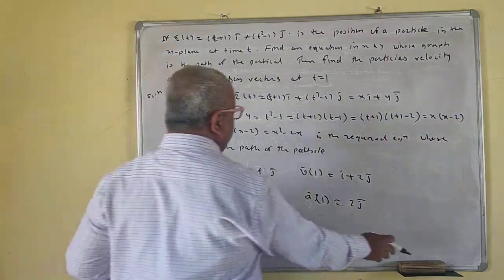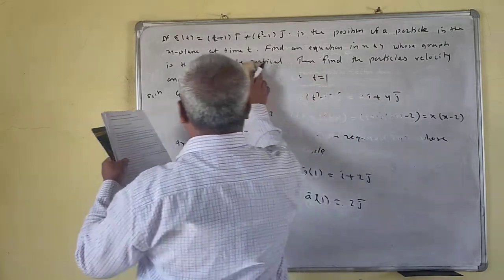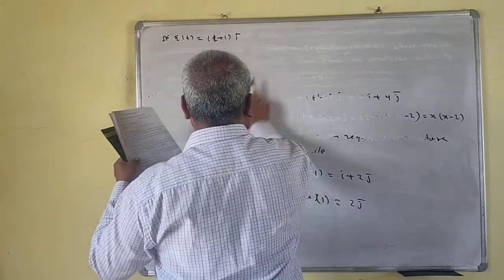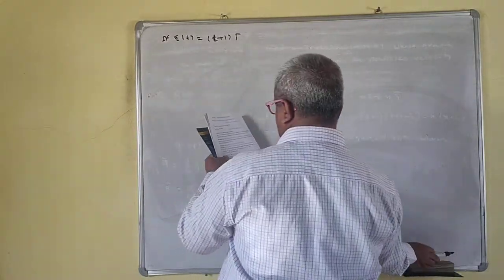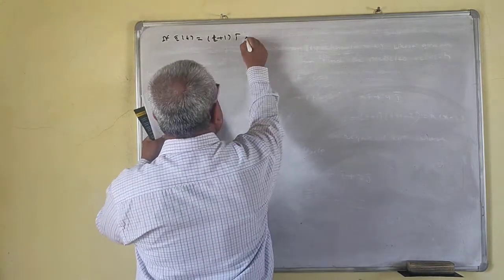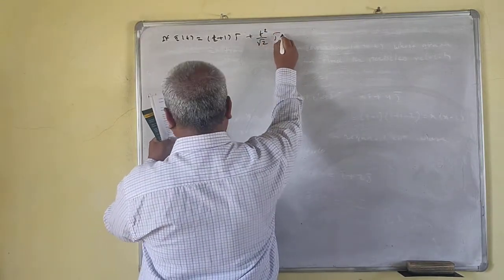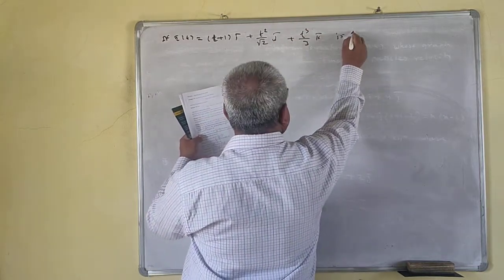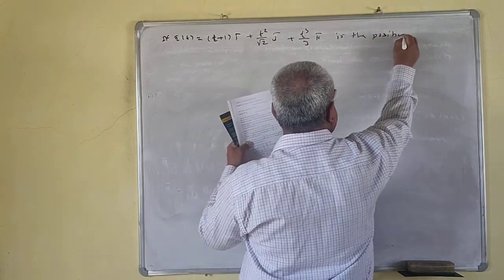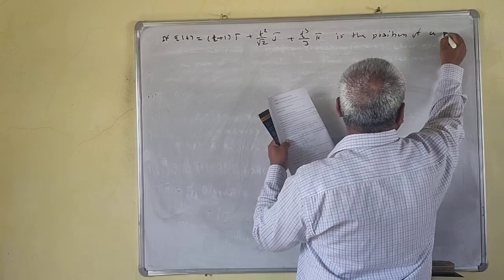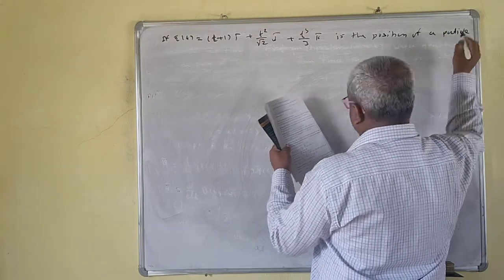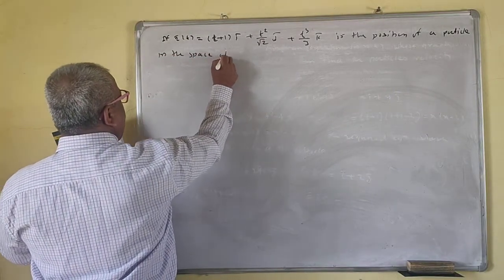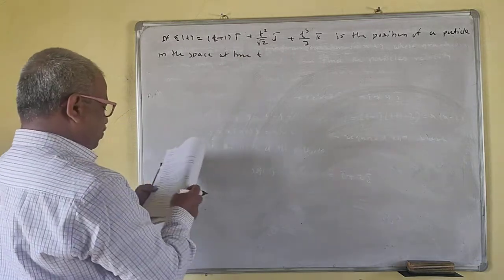Okay, so next we'll take: if r bar of t is equal to t plus 1 i bar plus t square upon root 2 j bar plus t cube upon 3 k bar is the position of a particle in space at time t.